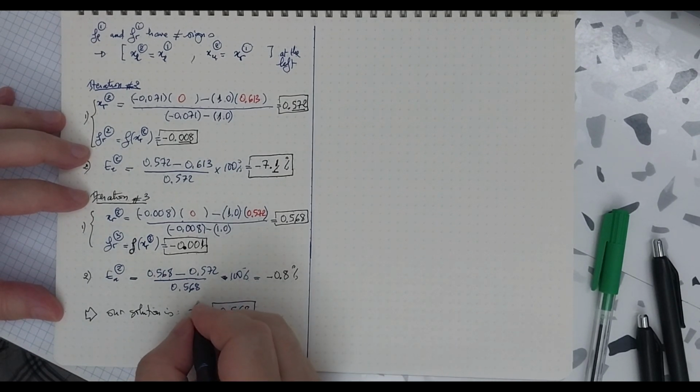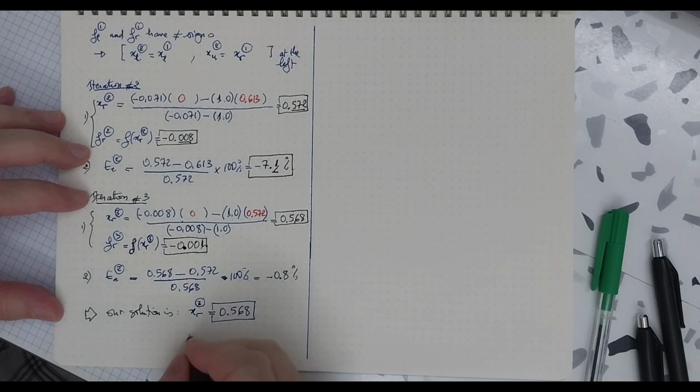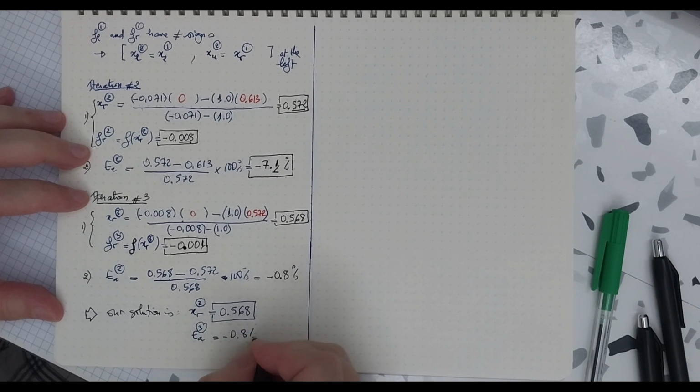I found it at the third iteration with an error equal to minus 0.8%, but in absolute value it is less than 1%.